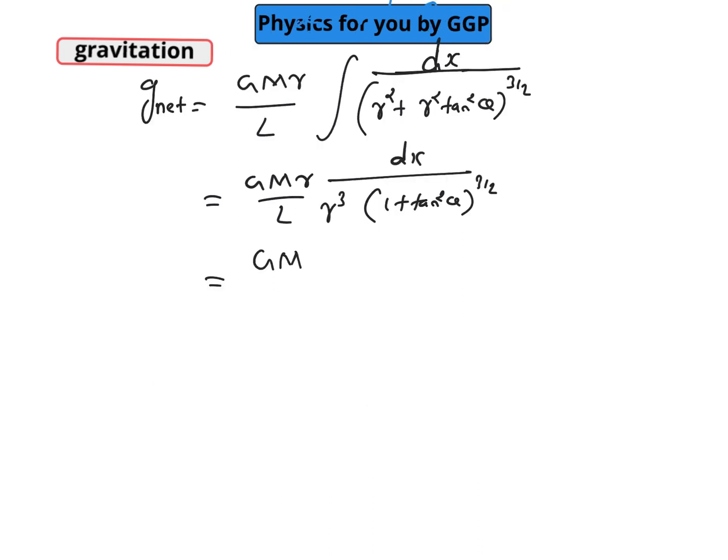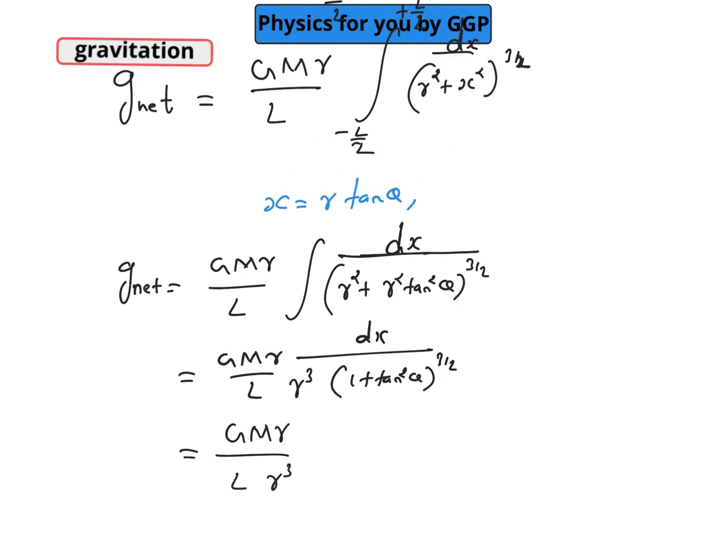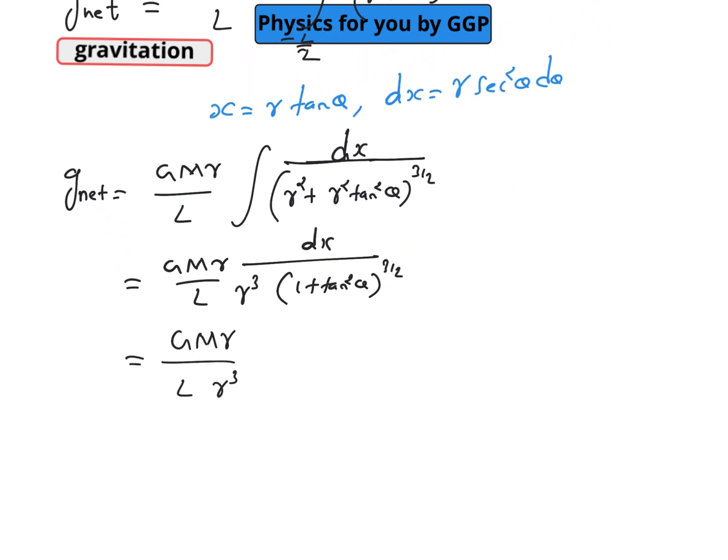Since x is equal to r tan theta, dx is equal to r sec square theta d theta. Putting this value instead of dx, we get r sec square theta d theta divided by sec square theta raised to 3 by 2, which is sec cube theta.